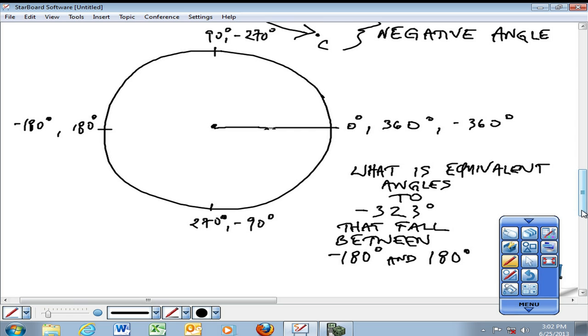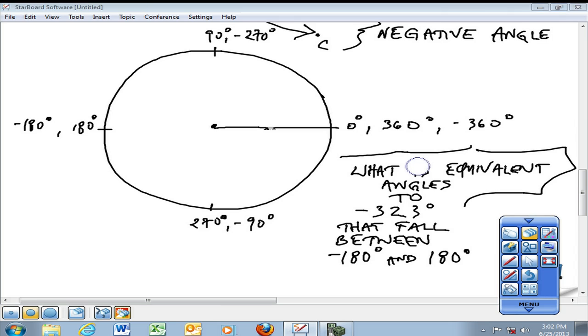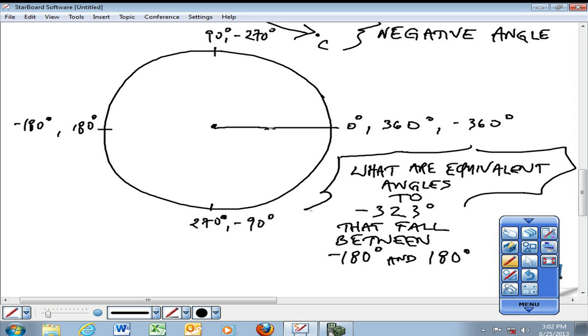Here's the range in question. All right, so here's our first little problem. That's not really good grammar, is it? What are equivalent angles to negative 323 degrees that fall between negative 180 and 180?